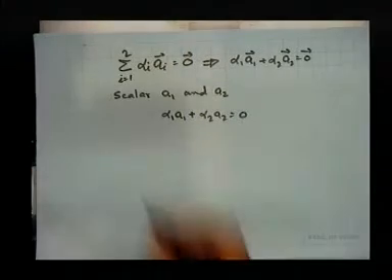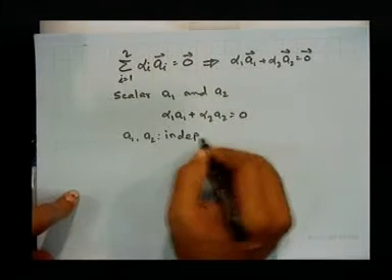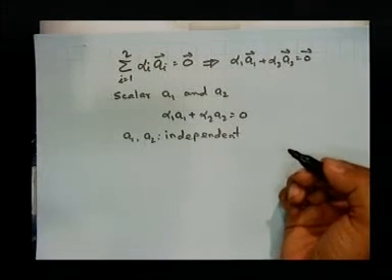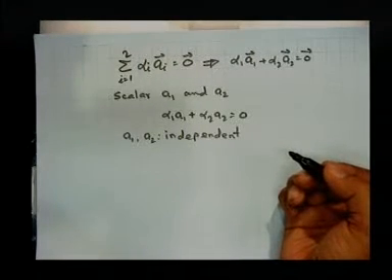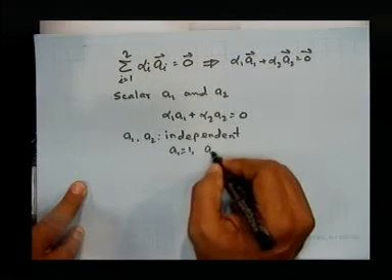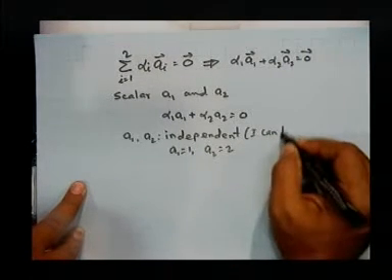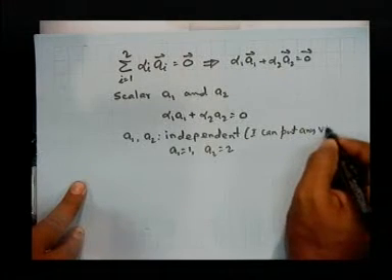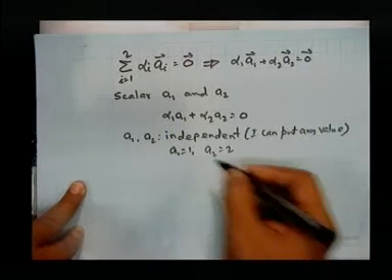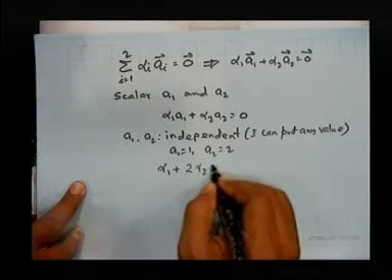When we say a1, a2 are independent, it means I should be able to assign any value I like. Suppose I say a1 equal to 1, a2 equal to 2; this means I can put any value. So if I put a1 equal to 1, a2 equal to 2, then I get alpha 1 plus 2 alpha 2 equal to 0.